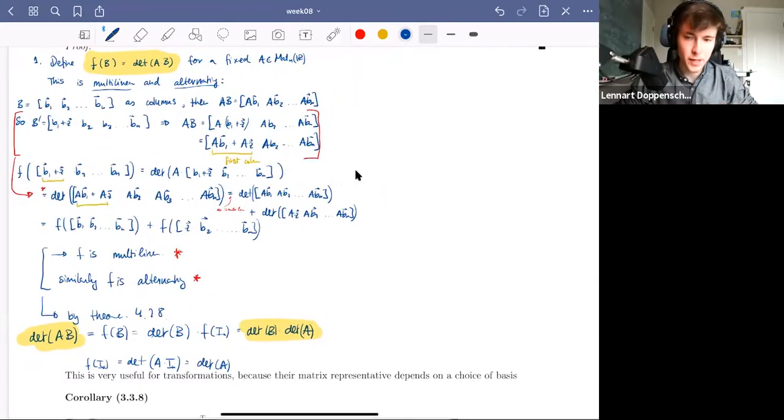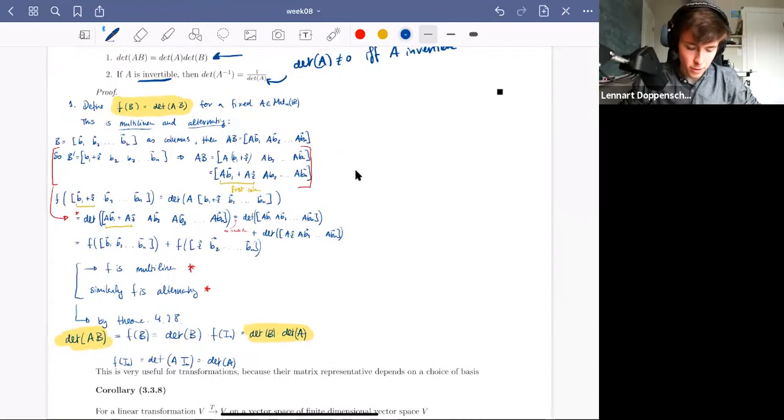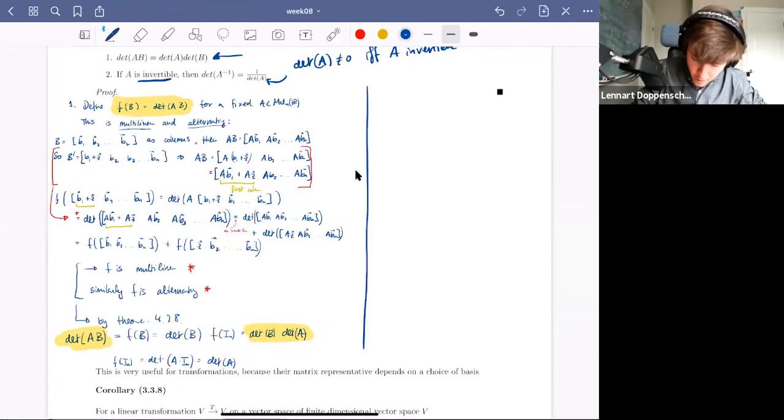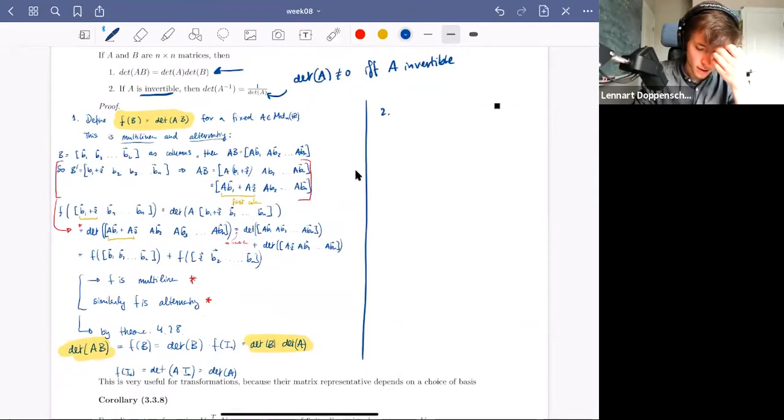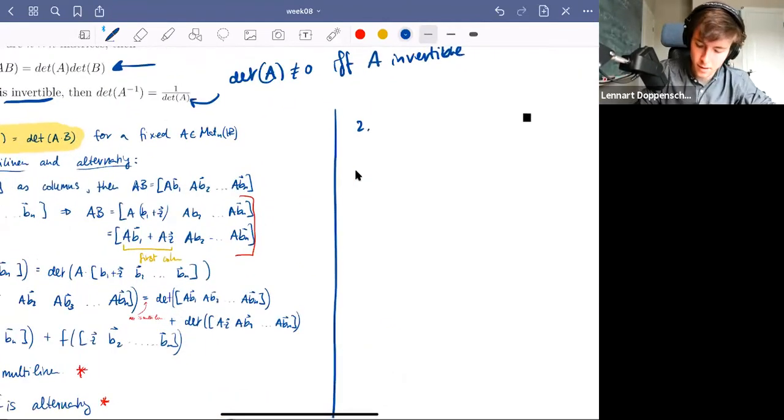Okay, so this was the heavy lifting. Now the second part will look like a breeze compared to this. So the second part: if we have A inverse and we assume it exists, then A inverse times A is equal to I. That's the definition of the inverse of a matrix.